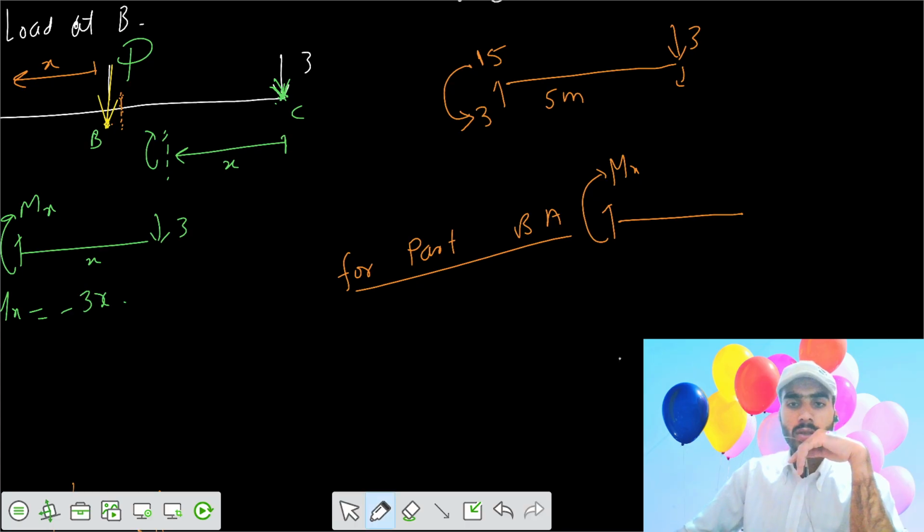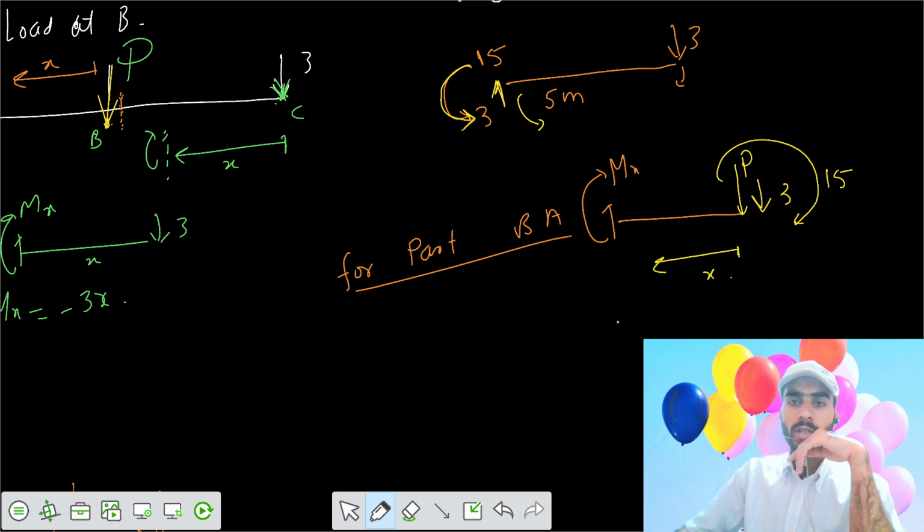So this was your pseudo load P acting, and because of the transfer of forces, you have to show the forces. Here the shear force is upwards 3, here it would be downwards shear force of 3, and there was an anti-clockwise 15, here it should be clockwise 15, and this was your x.